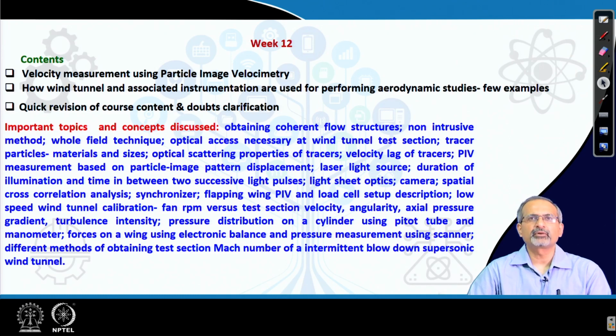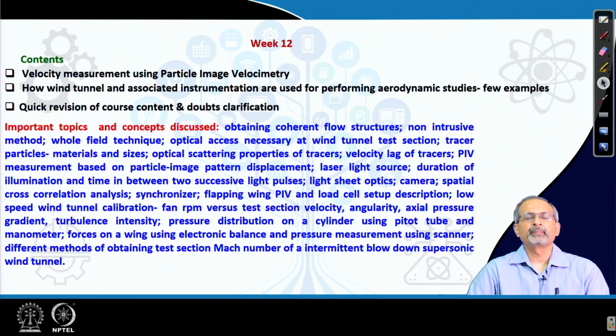started discussing performing experiments, because we tried to establish the need of calibrating a wind tunnel before we perform experiments. Then we discussed some very simple experiments like trying to obtain pressure distribution on a cylinder or an airfoil using pitot tube and manometer, that is by mechanical means, or to obtain forces on a wing using electronic balance, and pressure measurement by using a scanner.